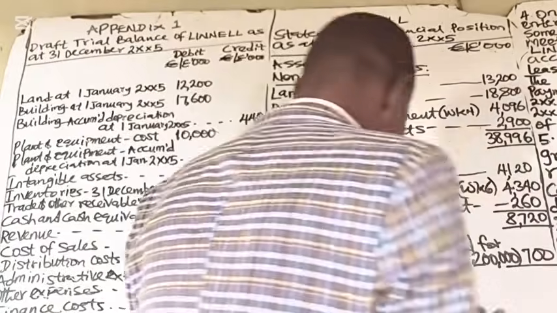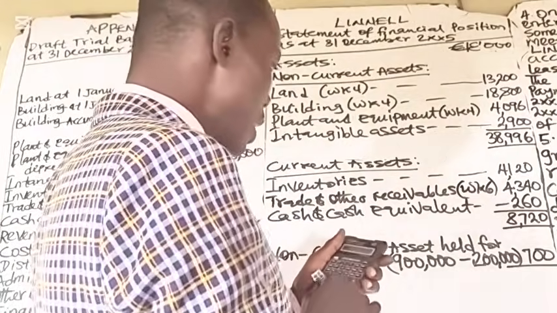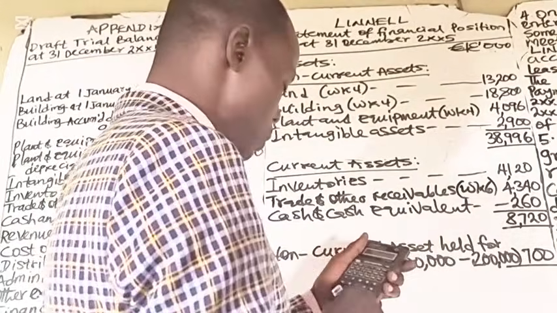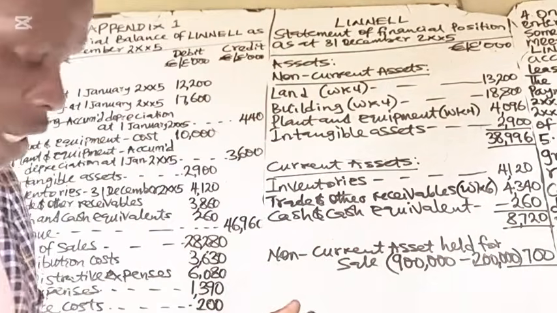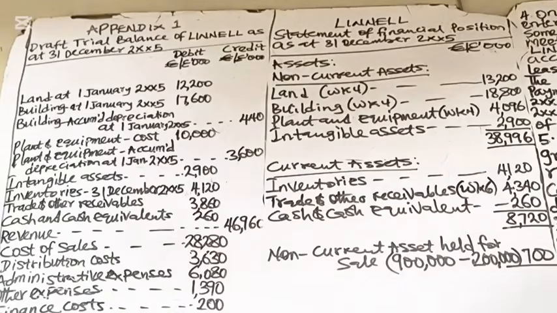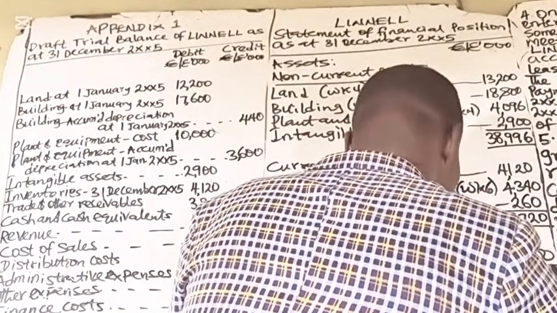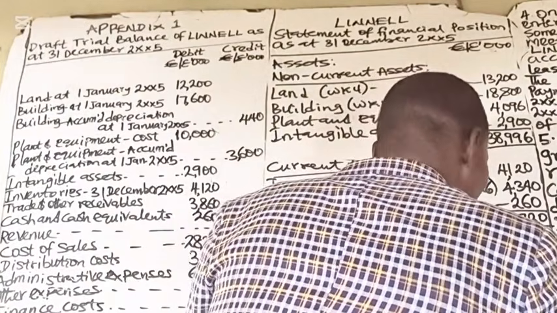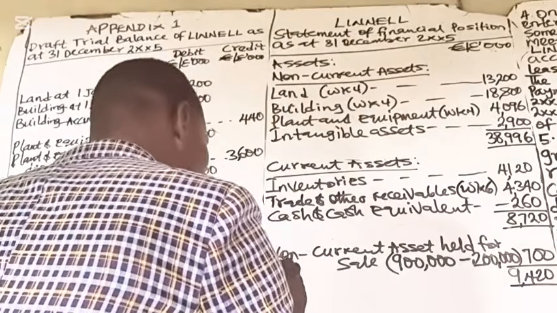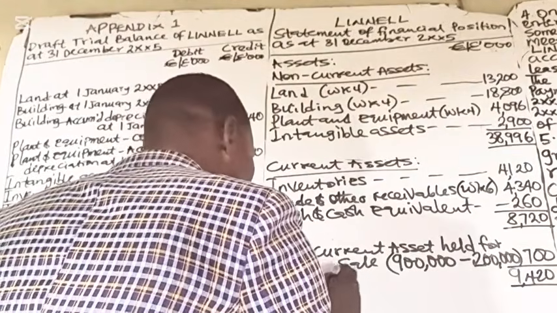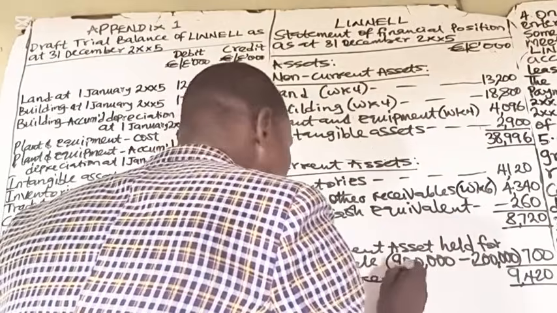If you add the 700,000 to our current asset of 8720, then you have 9420. So our current assets total 9420.